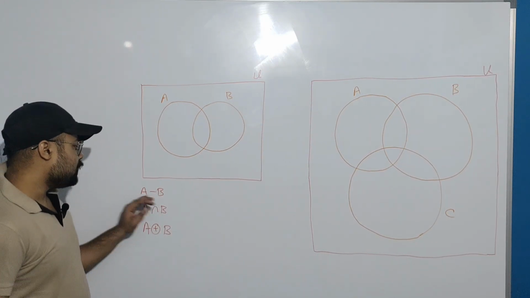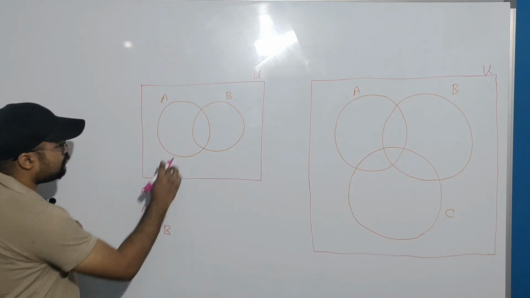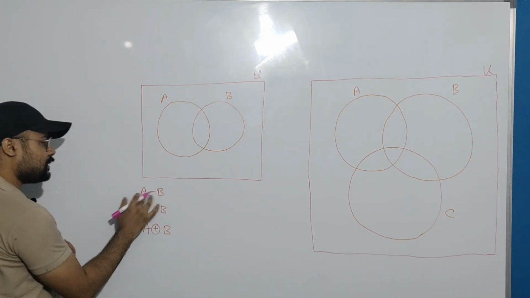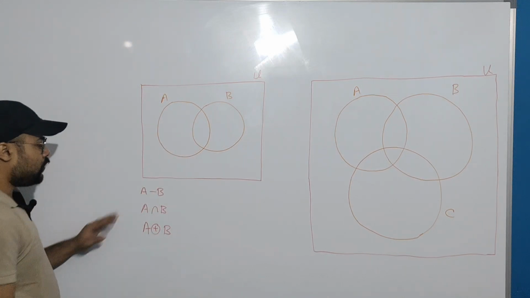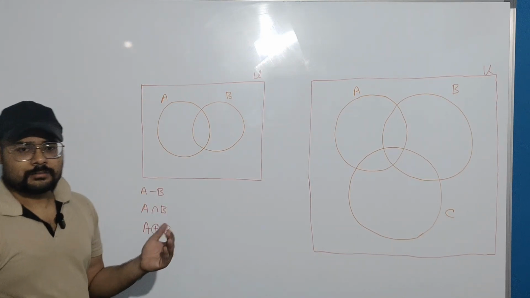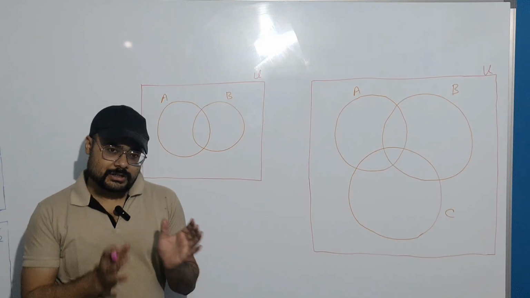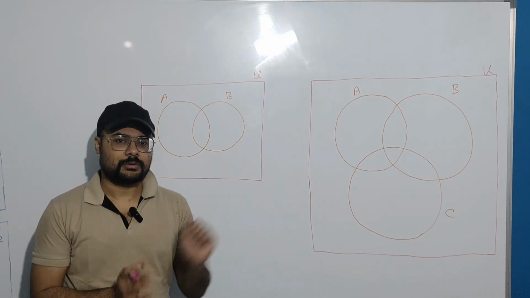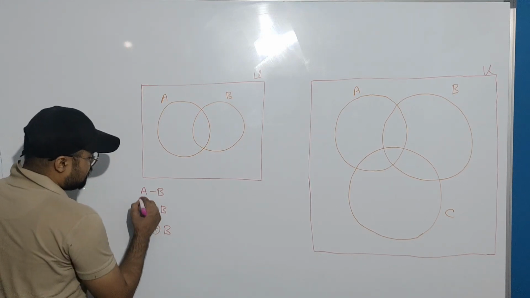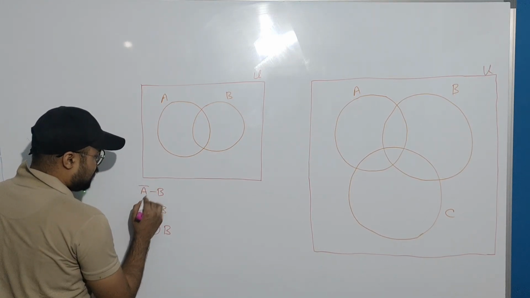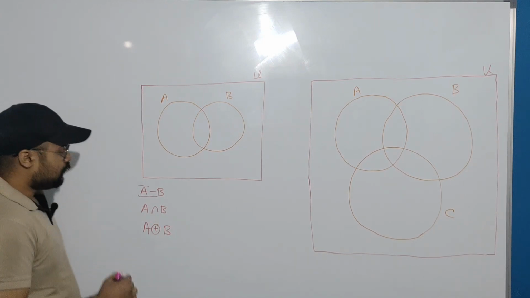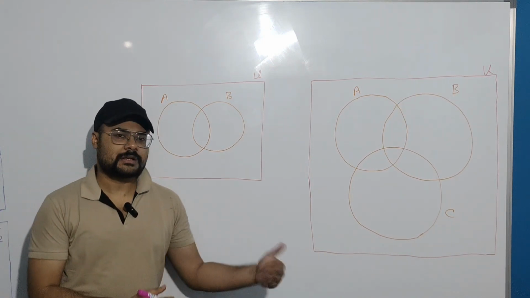For example, do you know what is A minus B? A minus B is this region. It means, in the context of set A and set B, those elements of A that are exclusive to A, that belong to A but do not belong to B. A minus means that from set A you are removing some elements.